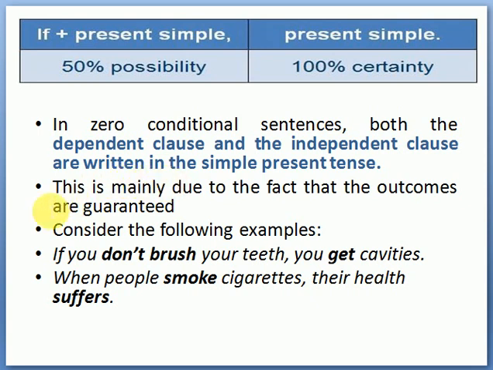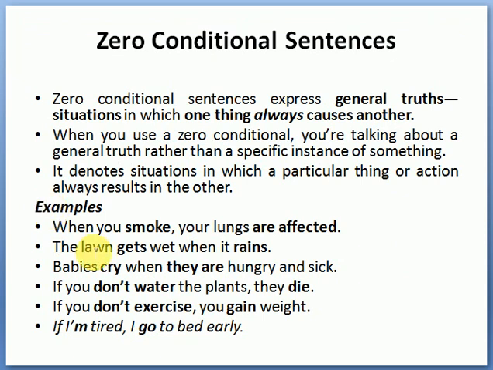Like we see in the previous example, the lawn gets wet is the main clause, and here the tense is present simple. When it rains is the subordinate clause, and here also the tense is present simple. In all of these examples, both the clauses are written in the present simple tense.